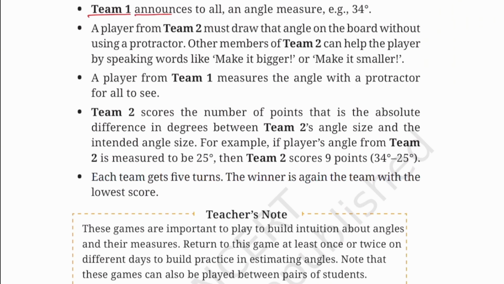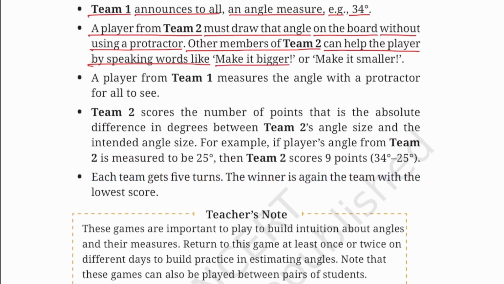Team 1 announces to all an angle measure, for example 34 degrees. A player from Team 2 must draw that angle on the board without using a protractor. Other members of Team 2 can help the player by saying words like make it bigger or make it smaller.